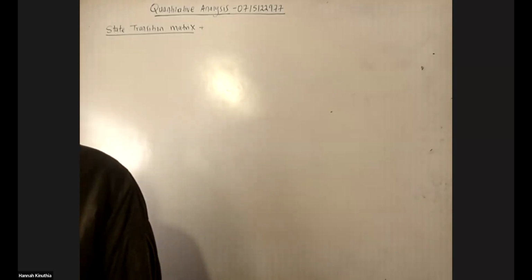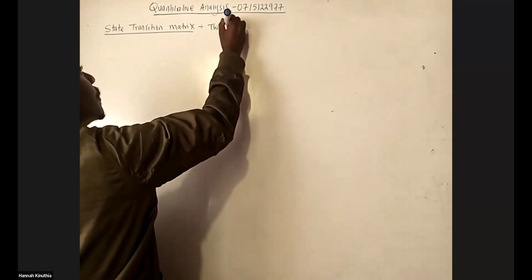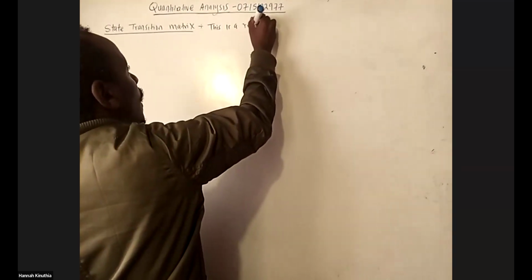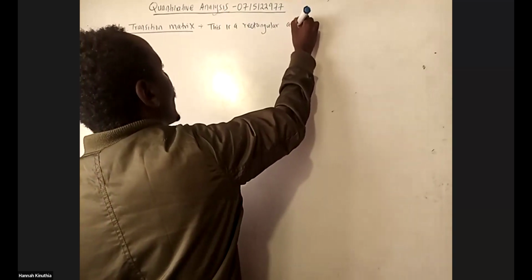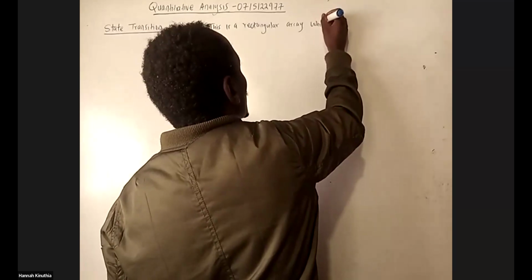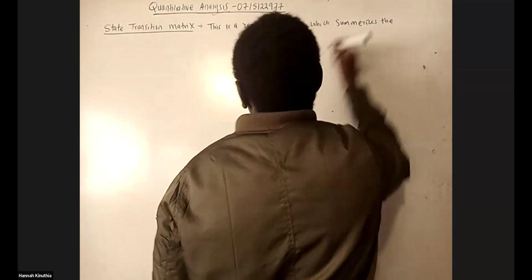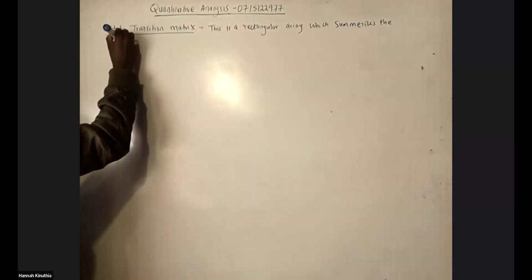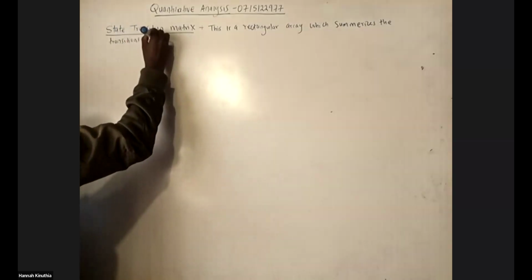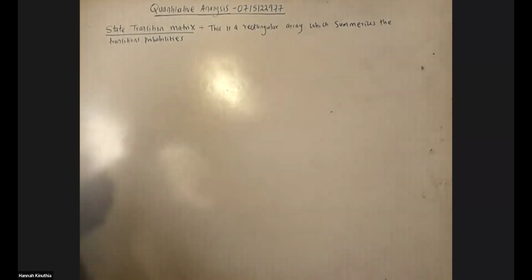State transition matrix, and we can see now, we can say this is a rectangular array which summarizes the transition probabilities for a given Markov process.